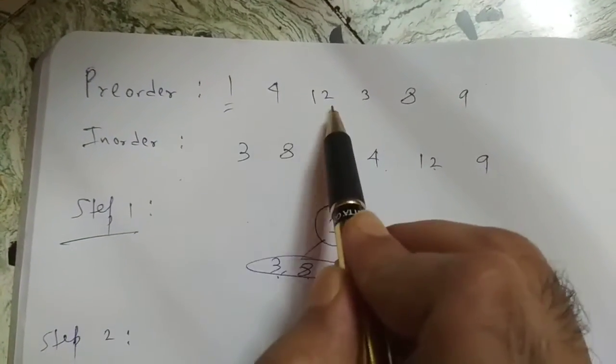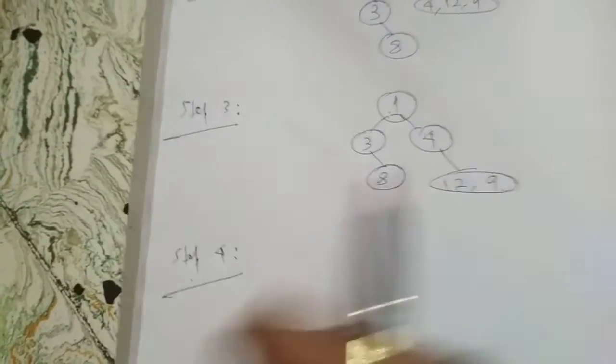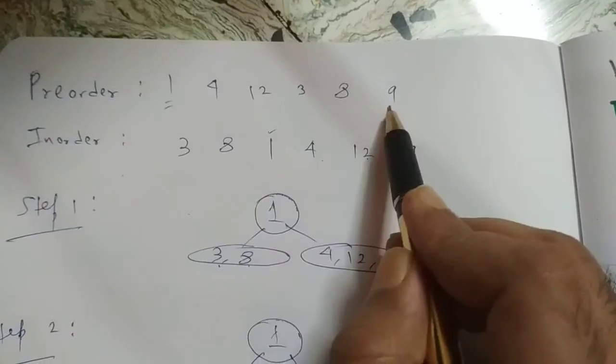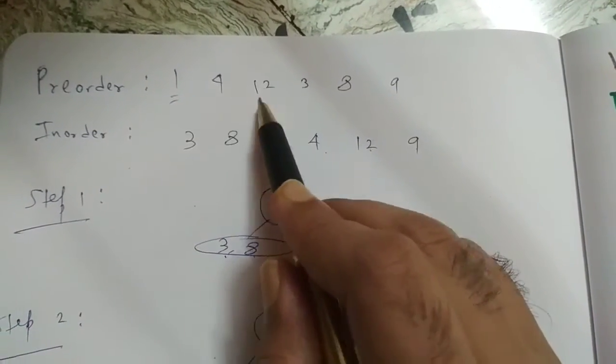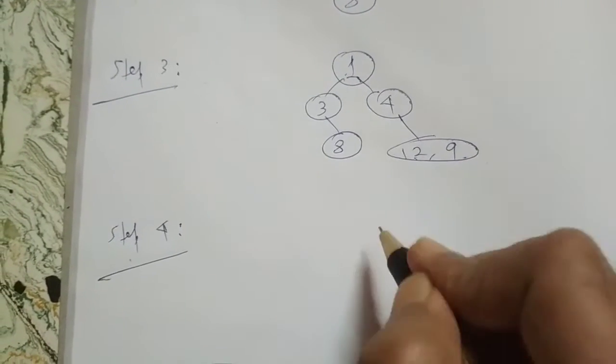In the pre-order, out of these two elements, 12 and 9, I have to look at which element comes first. I can see that in the pre-order list, 12 comes first. So 12 comes before 9, that means this subtree will have its root as 12.